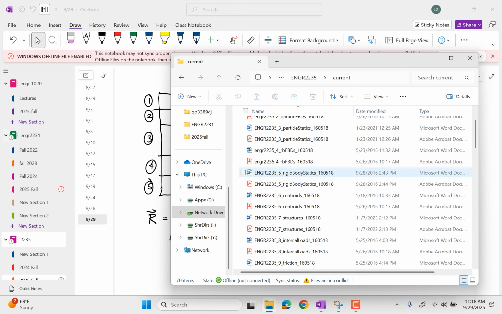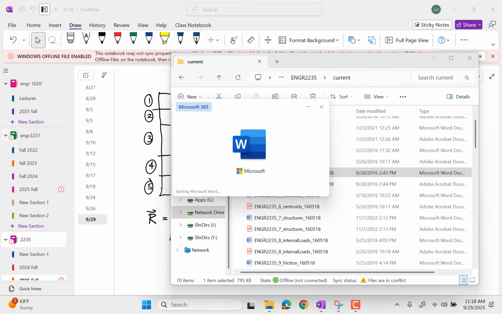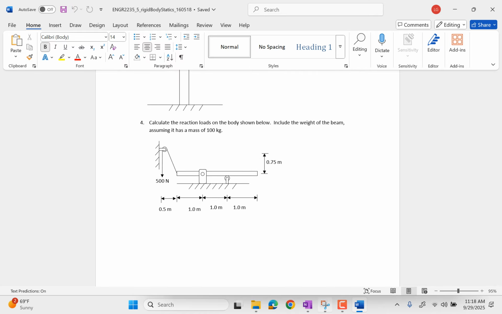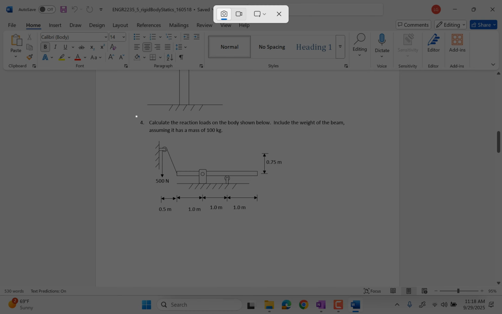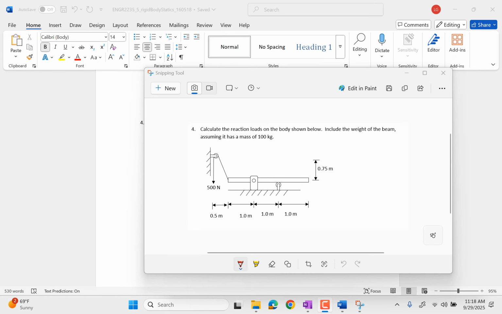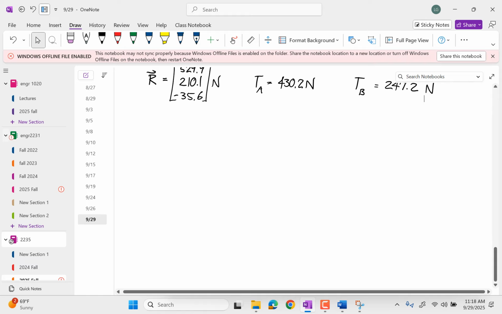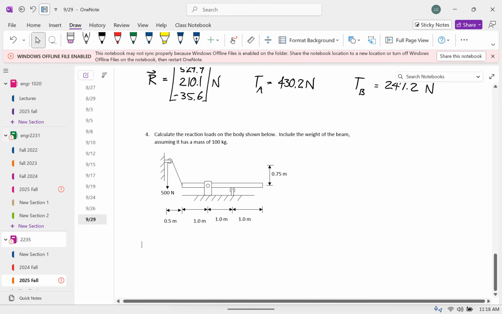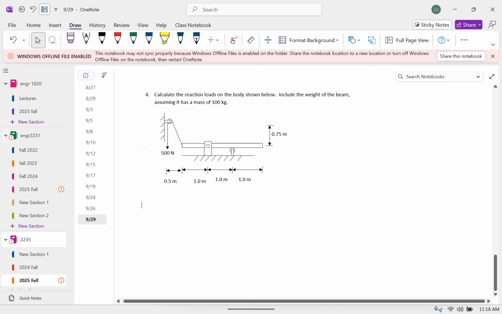So this is rigid body statics. Okay, so this is back to two-dimensional stuff.